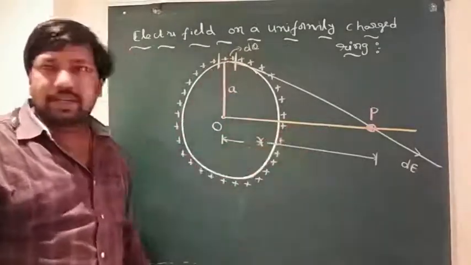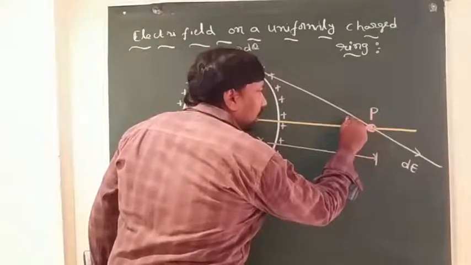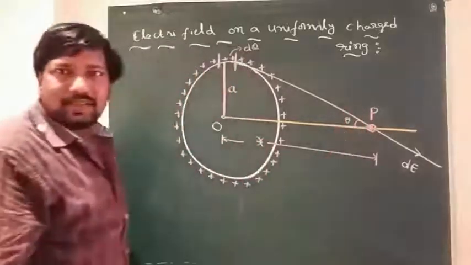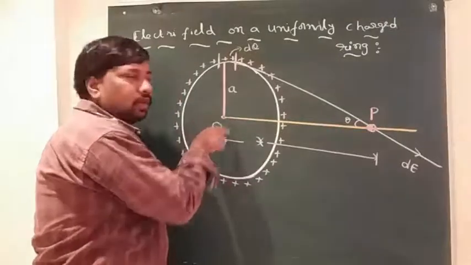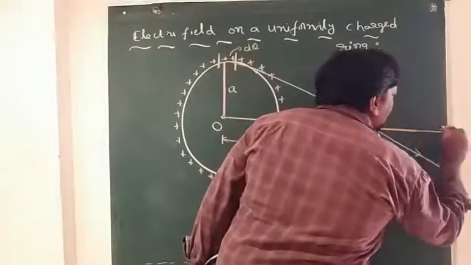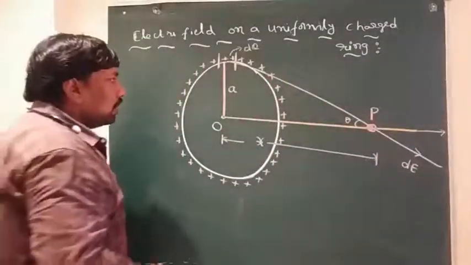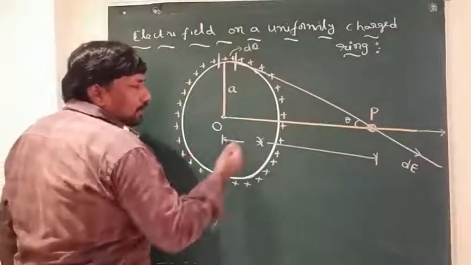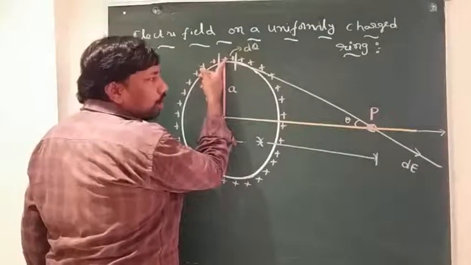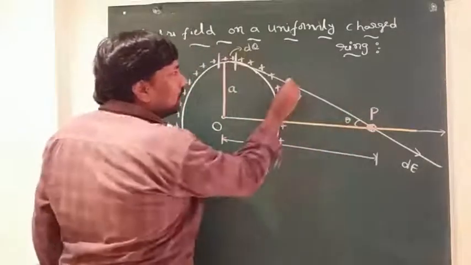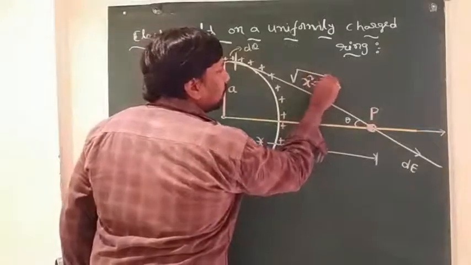It makes an angle theta with the x-axis, which is the axis of the ring. According to Pythagoras theorem, the distance between the small part of the ring and the given point is root over x square plus a square.